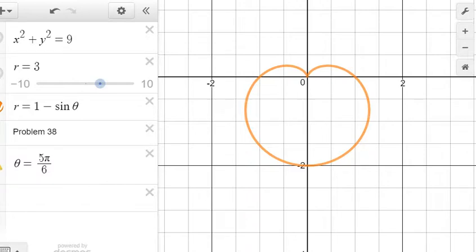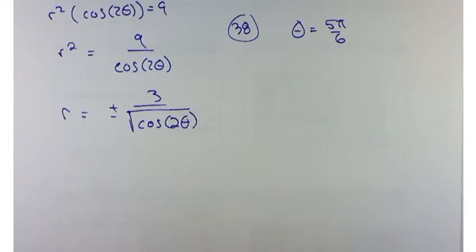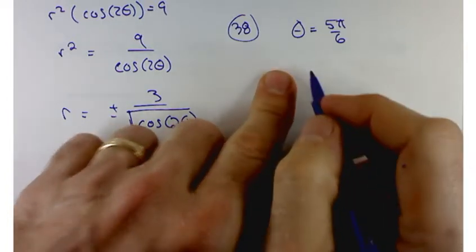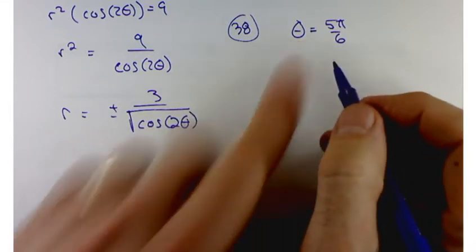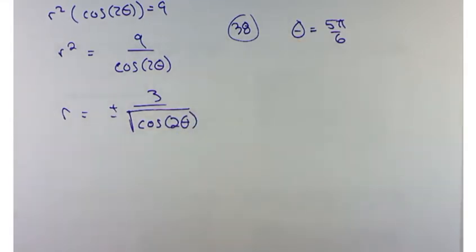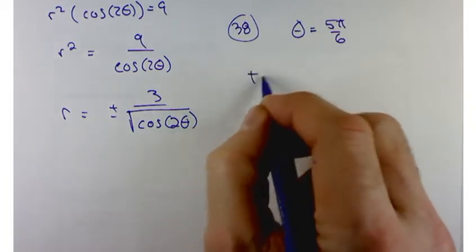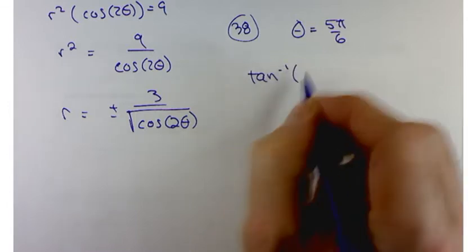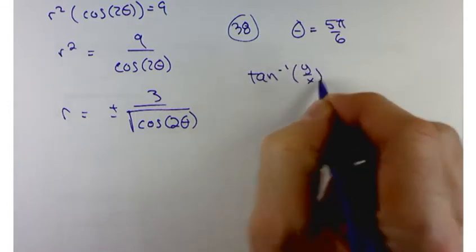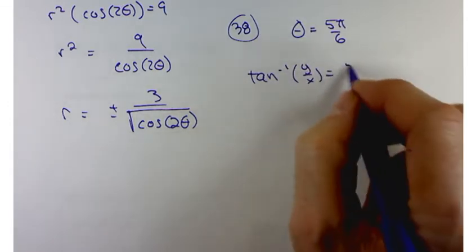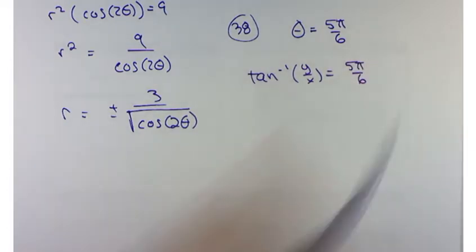So let's go back over to the equation then and see if we can't figure out what this looks like in rectangular coordinates and then kind of make sense out of it from there. I gave you one expression at the start of this for theta. Does anyone remember what that one expression was? Theta was equal to tangent inverse of y over x. Okay.